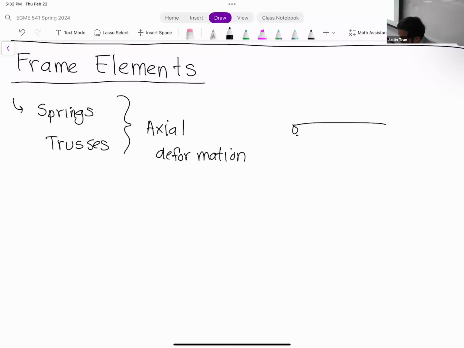What I mean is that your element usually looks something like this. It's some slender element. Axial deformation is expansion, or tension and compression. So the deformation is in the same direction as the element itself.